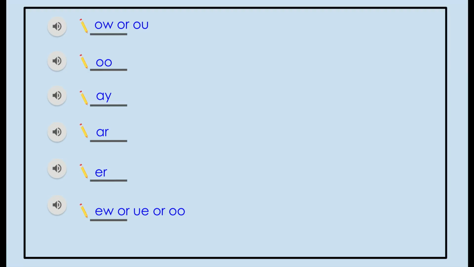Now let's check your work. The first sound, ow, can be spelled with the letter pair OW or the letter pair OU. The next sound is the OO sound like in the word book.